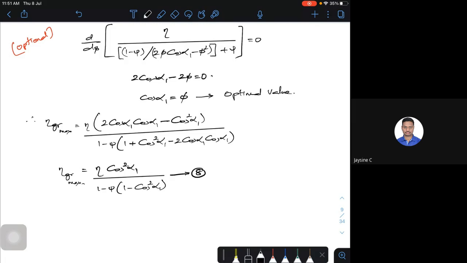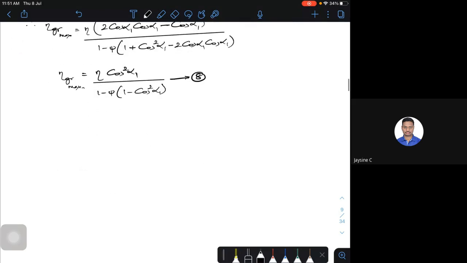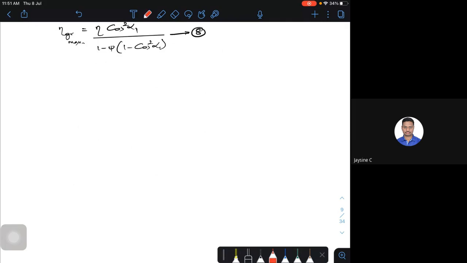Suppose I have alpha 1 varying from 10 degrees, 15 degrees, 20 degrees. If I put alpha 1 equal to 10 degrees, or 20 degrees, you have to check for it. So here is a simple exercise which you people can verify.